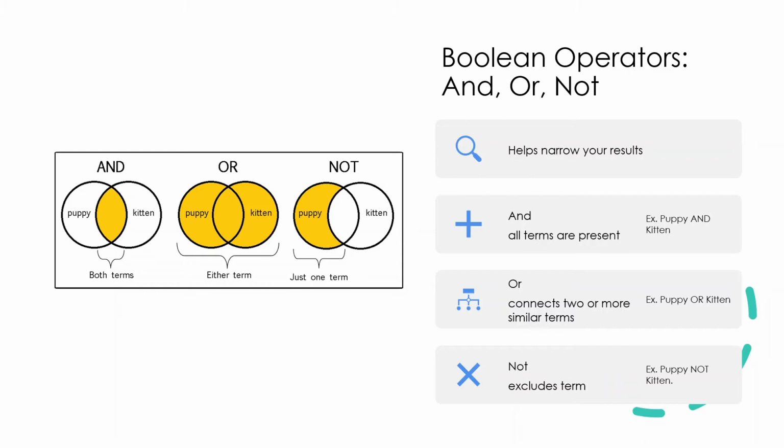When you use the word not, the browser or database should recognize that you do not want to find any information on that one word. So in the example puppy not kitten, the search will find puppies, but it won't find kittens or puppy and kittens.